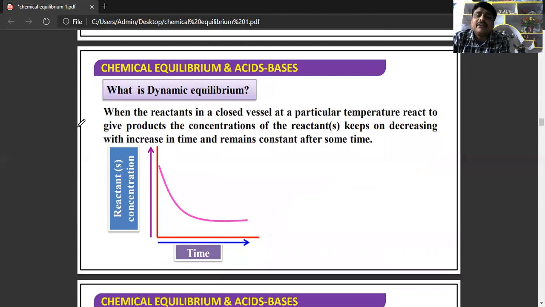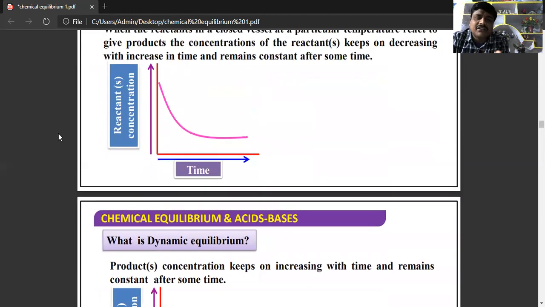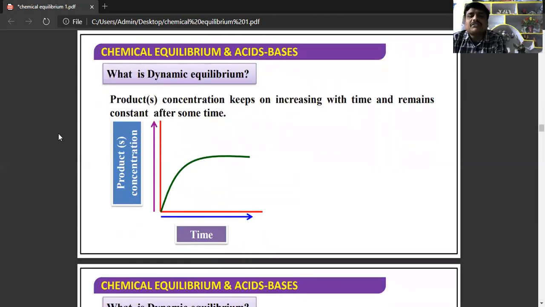So what is dynamic equilibrium? When reactants in a closed vessel at a particular temperature react to give products, the concentration of reactants keeps on decreasing with increase in time and remains constant after a particular time. When drawing a graph between reactant concentration and time, in the same way, the product concentration keeps on increasing with time and remains constant after some time.